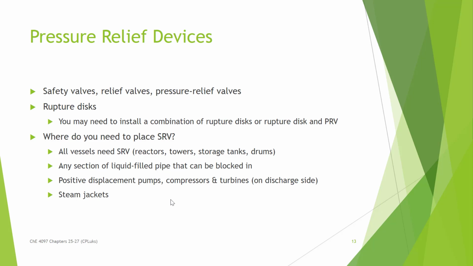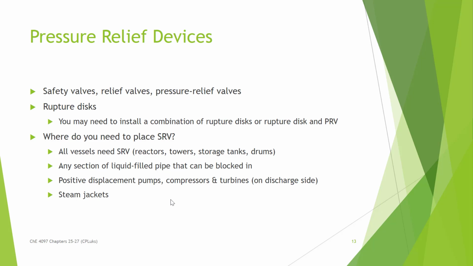You frequently put these in combination with rupture discs. You put the rupture disc in first, before the safety relief device, so that it protects the safety relief device from unnecessary strain. We want it to work properly when we ask it to.